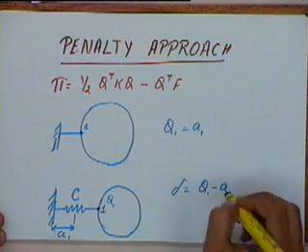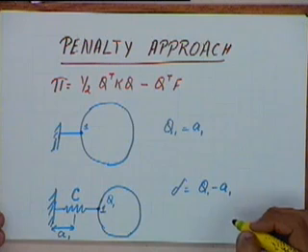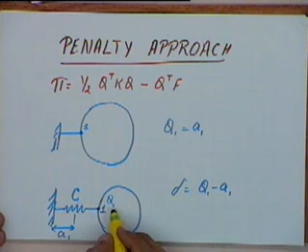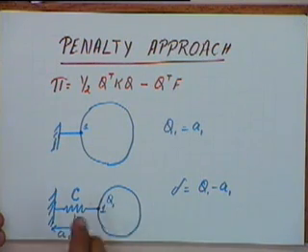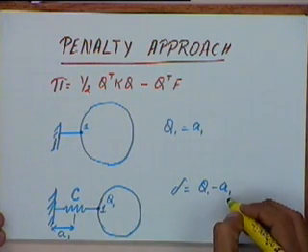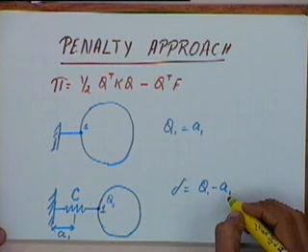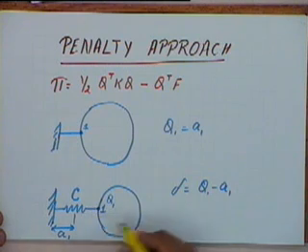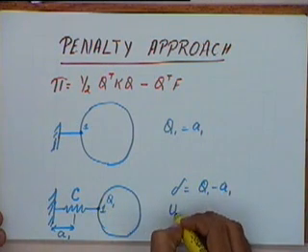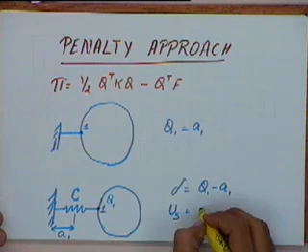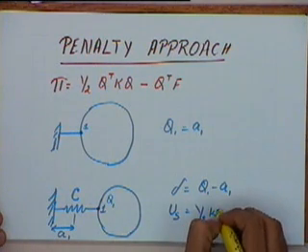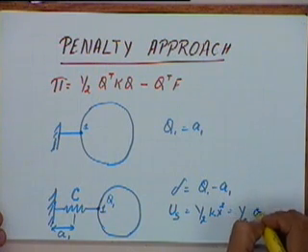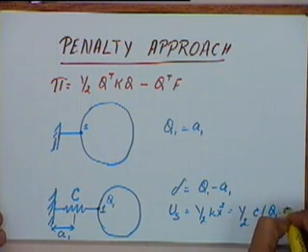Q1 minus A1, because A1 and Q1 will be in the same direction. So the actual deformation of the spring will be Q1 minus A1. The potential energy stored in the spring, the U of the spring, will be equal to half k x squared, which is equal to half C into Q1 minus A1 whole squared.